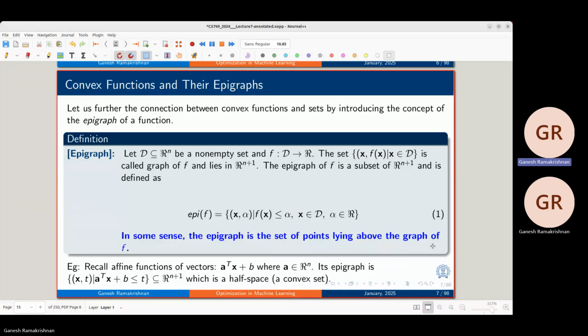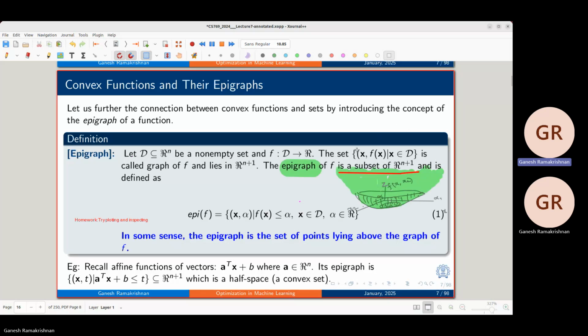So, for example, affine functions of vectors, A transpose x plus b. If you look at its epigraph, it's looking at the half space A transpose x plus b less than or equal to t, and that is a convex set. So formally, we could prove that.